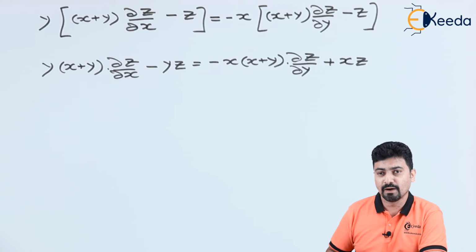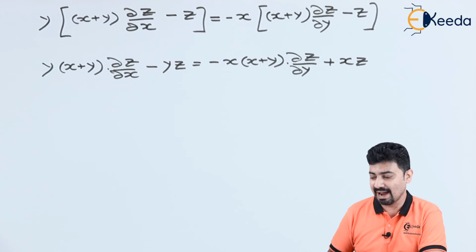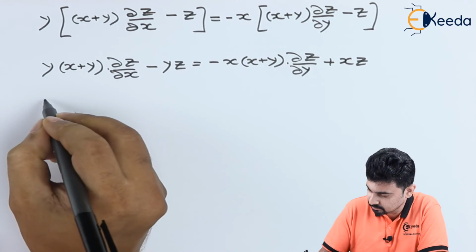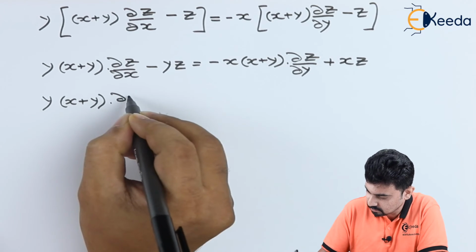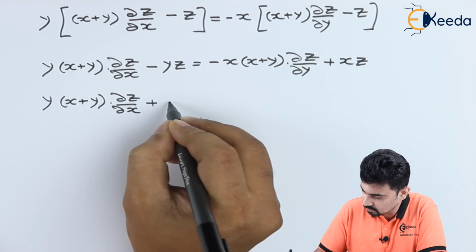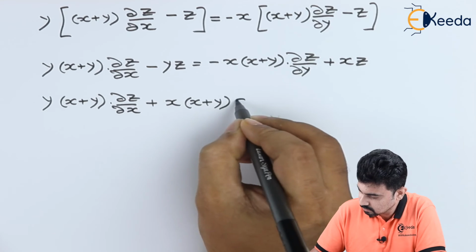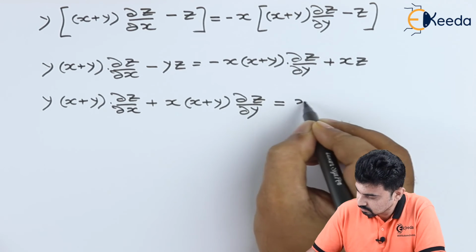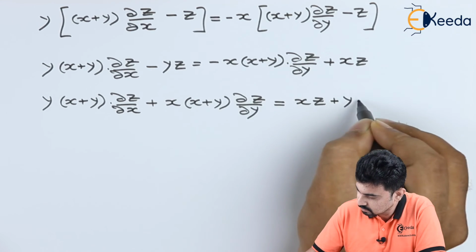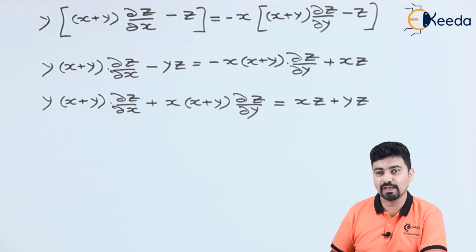Let us take the terms with partial derivatives, that is del z by del x and del z by del y, on one side, and let us take the remaining terms on the right hand side. Taking common from left hand side and right hand side, we get the following step.